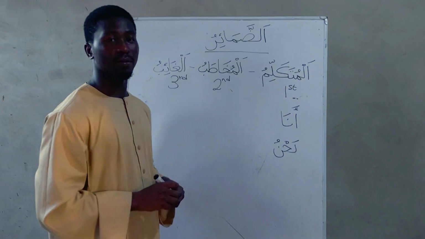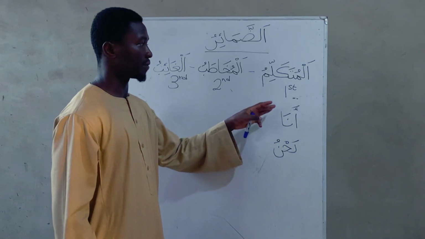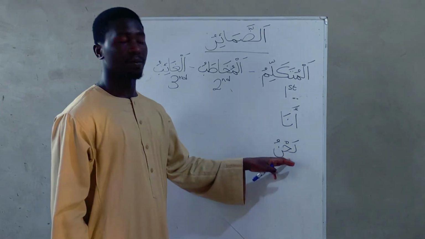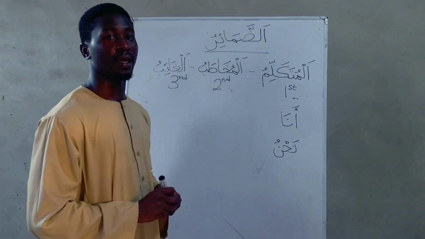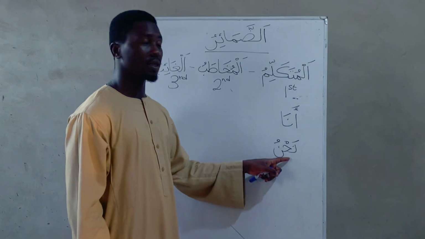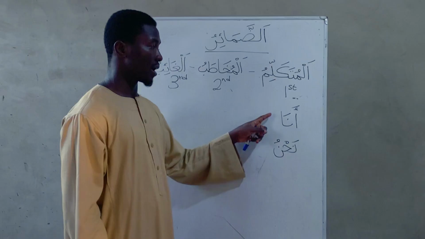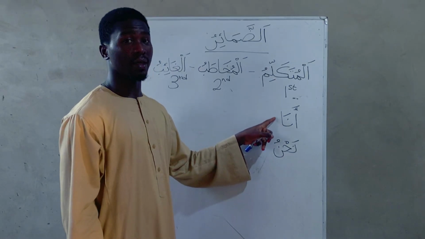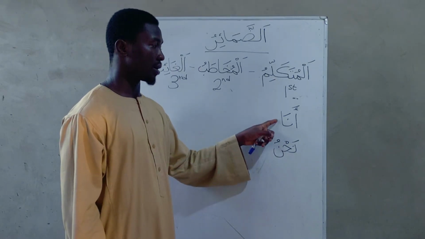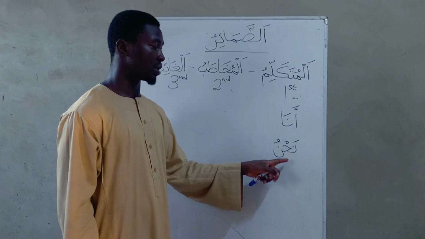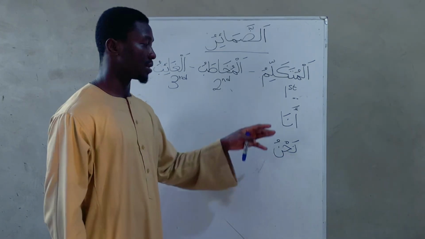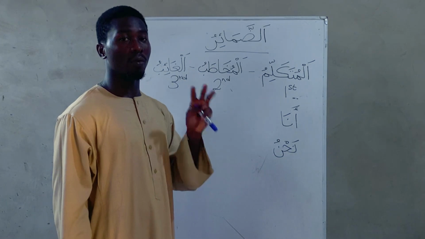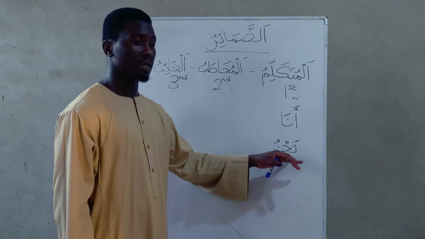Nahnu meaning we, ana meaning I. This one is singular, this one is plural. In this case, there's no dual, which means whether it's two or more people, they will use nahnu.